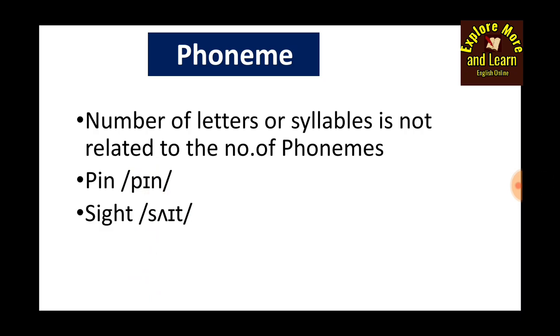Another example, in this word sight, we have 5 letters, but we have only 4 phonemes. But we have only one syllable. In the same way, in this word S-E-A-T, seat, we have 4 letters, but we have only 3 phonemes and only one syllable. So in this way, the number of letters or syllables is not related to the number of phonemes.